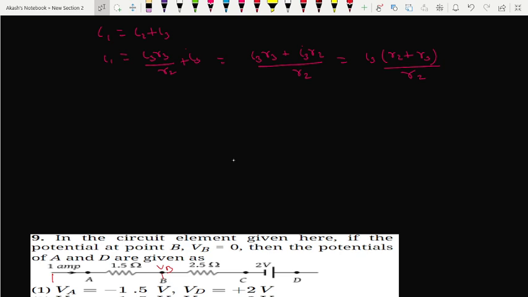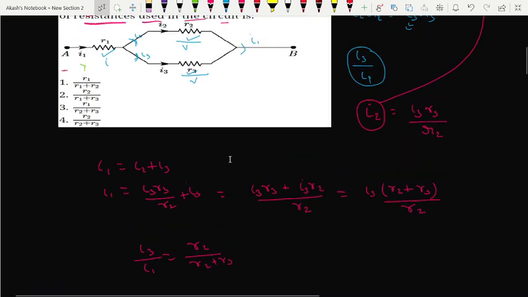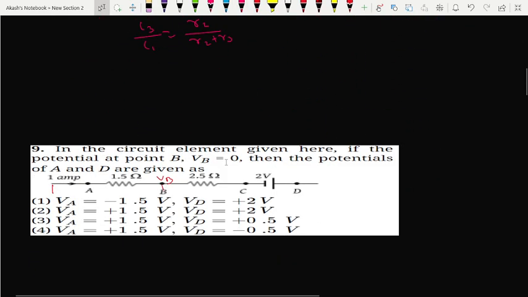Now we can write I3 upon I1 equal to R2 upon R2 plus R3. Now come to the options. This matches option number 4, R2 upon R2 plus R3. Option number 4.